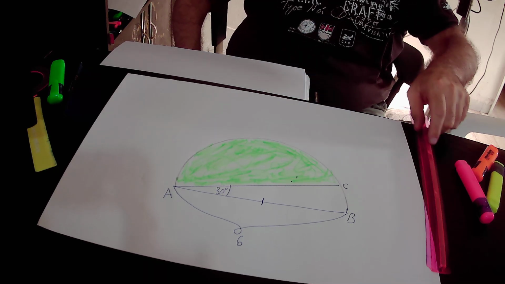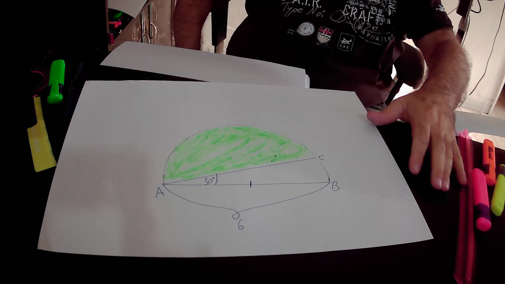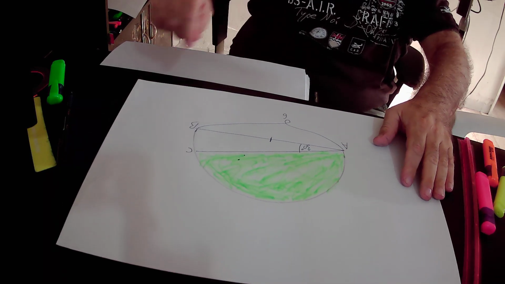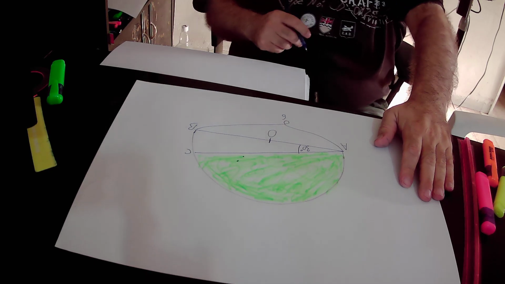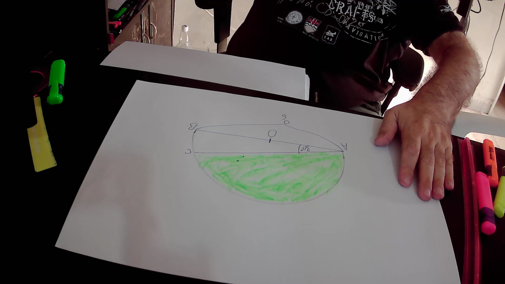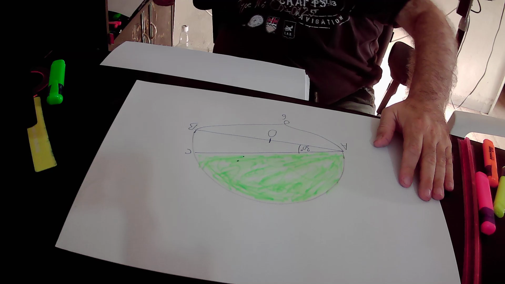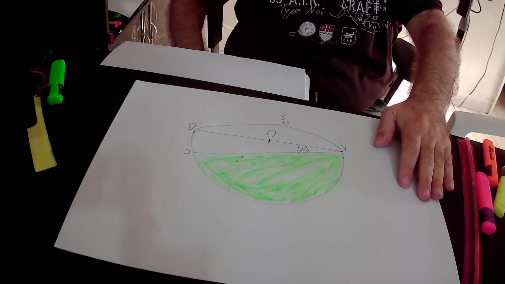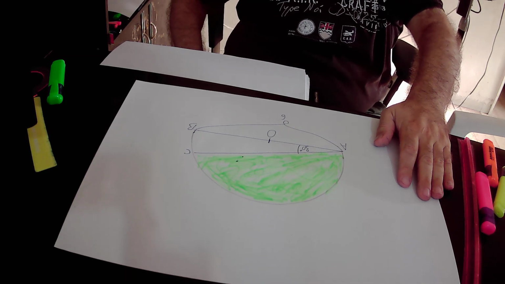Okay, so let's start with the first method. Here we will define the center of the semicircle as O. We know that the diameter of the semicircle is equal to 6 units, and the radius is half the diameter.